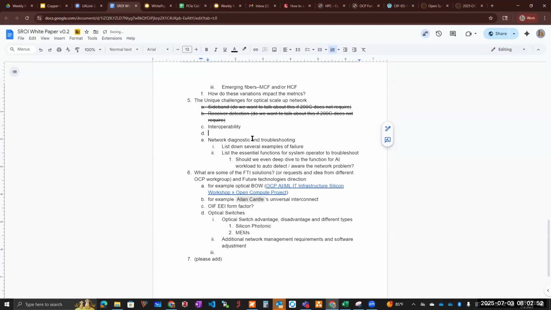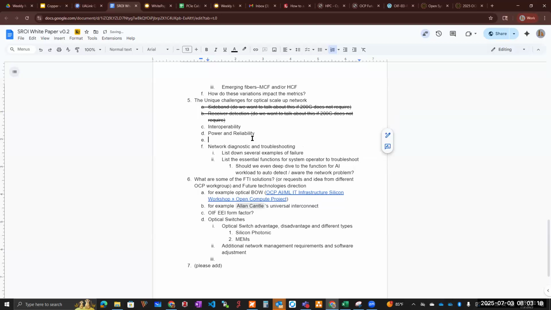At the end of the day, it's not zero power, but it's relative to, say, GPU power. You don't want your optics interface to burn a big portion of GPU power. So that's one thing I think is useful to highlight, and later on what optical technology is relevant to address these challenges, right? Yeah. Okay.